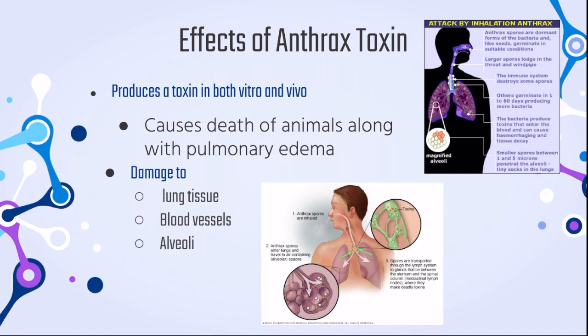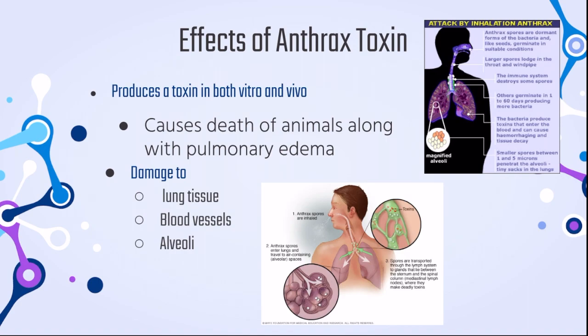The lungs can become heavy, purple, and firm. The blood vessels can become severely congested, and alveoli contain small collections of extravasated erythrocytes, as well as small amounts of edema fluid. In the images on the screen, you can see visual examples of the damage that can occur because of the toxin.